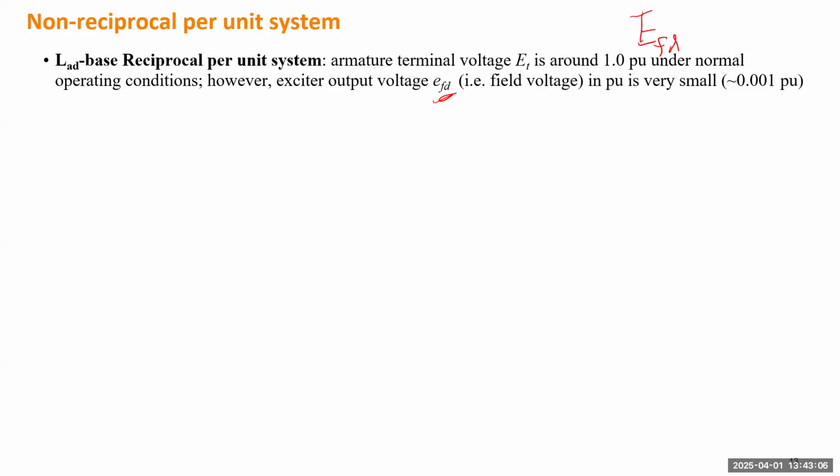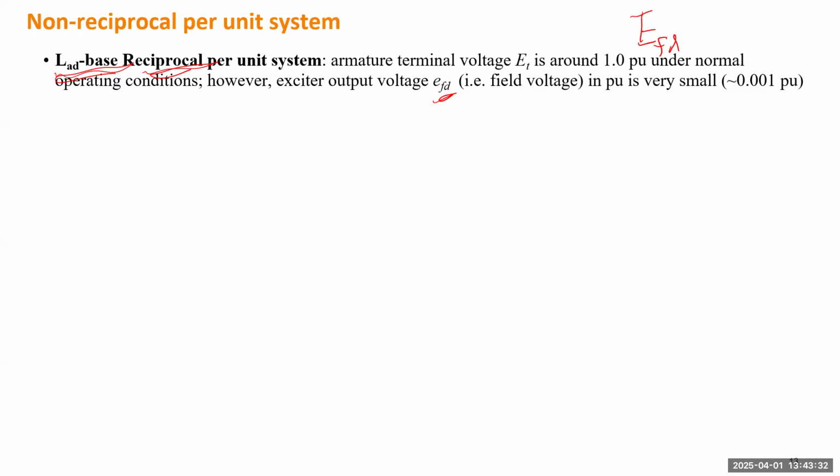Earlier, all our per unit system was based on the Lad-based per unit system, and rigorously speaking, this one is called a reciprocal per unit system. What it means is that if you define the base of current and the base of voltage, you automatically determine the base of impedance, and also automatically determine the base of admittance.